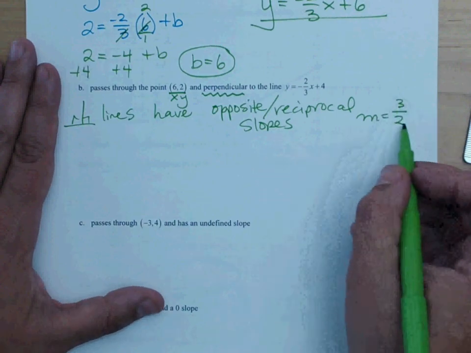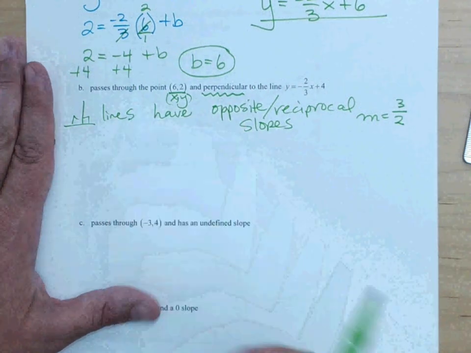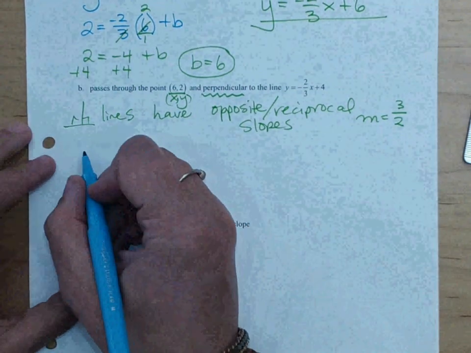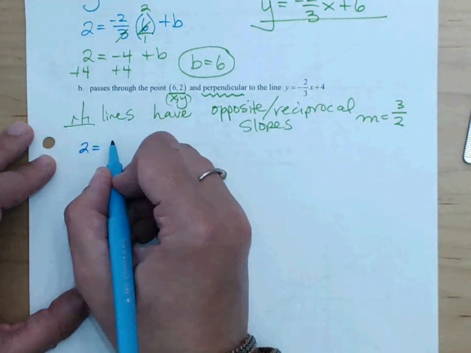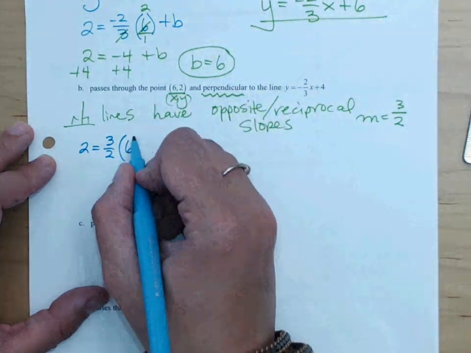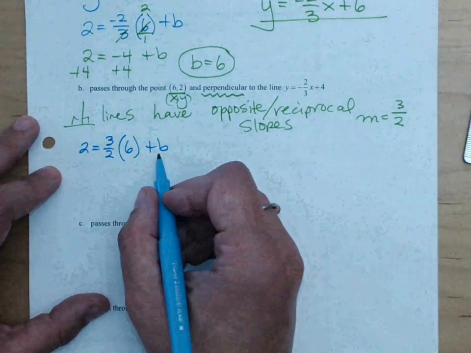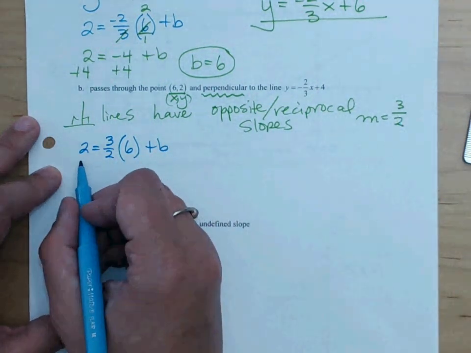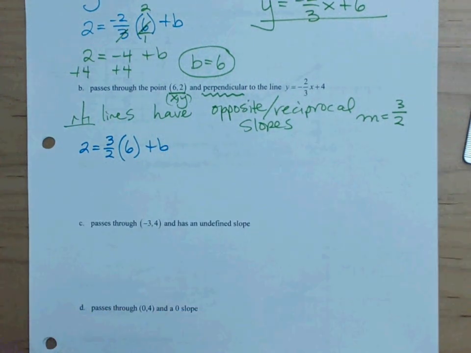So I already know that that's the slope, and I know I have this ordered pair. So I'm going to do the same method I did above, and I'm going to plug in y is 2, m is 3 halves, x is 6, and I'm going to solve for b because I want the equation, so I want the y-intercept. I already know the slope, and I already know 1 point. So here again, I'm going to cross cancel.